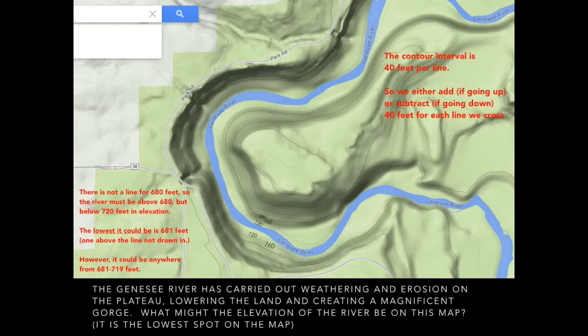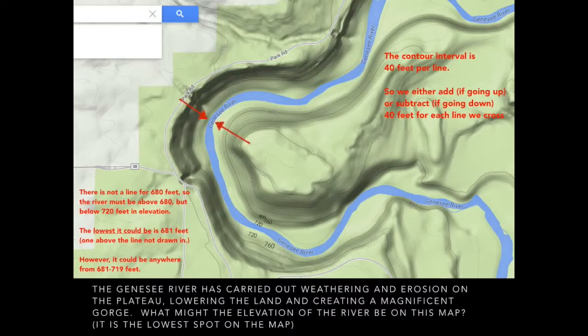So again, 720 minus another 40 gives us 680, but that line's not drawn, so the lowest this river could be is 681. But in actuality, it could be anywhere between the lowest and the highest it could be. So it has to be below 720, which is 719. It has to be above 680, which is 681, so our elevation can be anywhere between 681 and 719 feet.